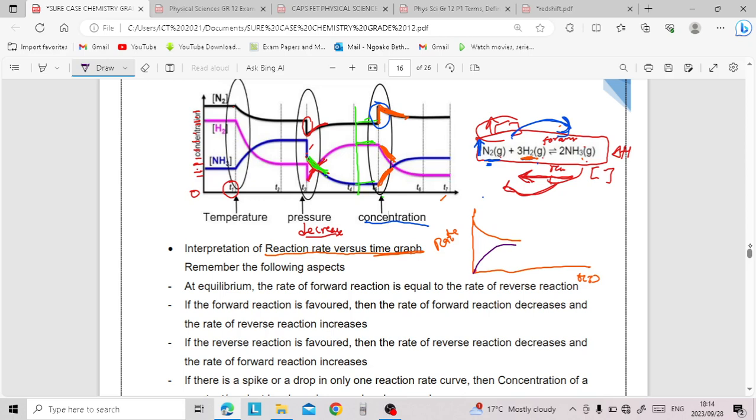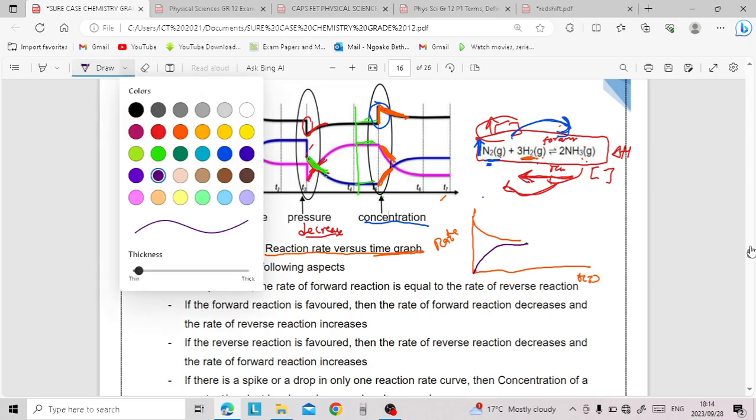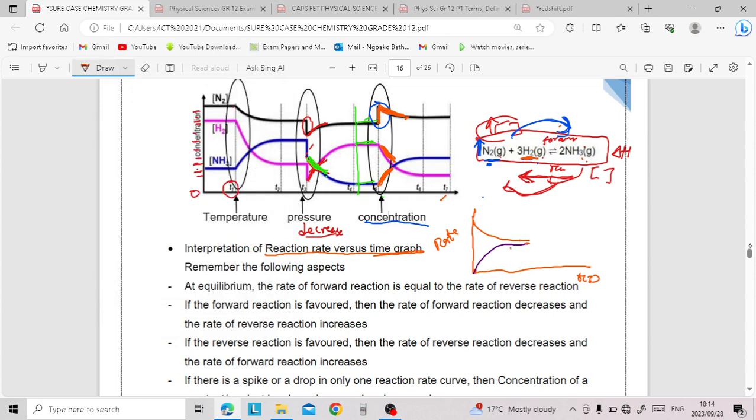Now when they get here, it means the two reactions are at equilibrium. Their rates are the same at this level, at T1, they have an equal rate, with this one as the forward.